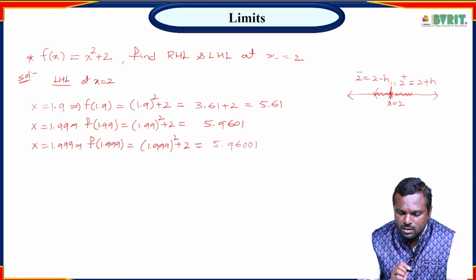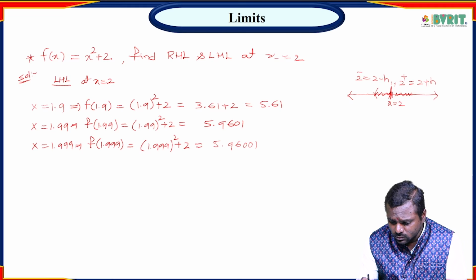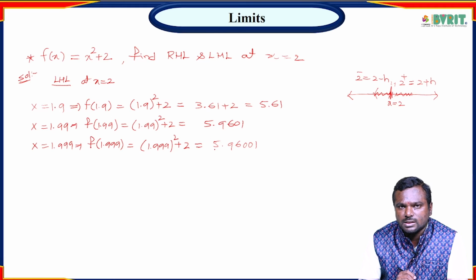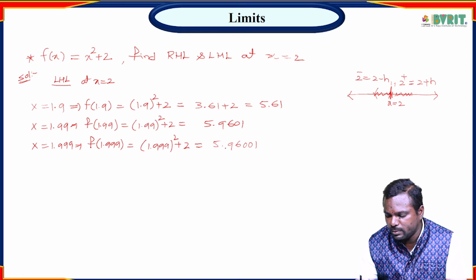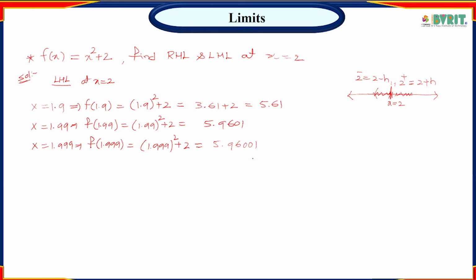Now observe here, the f of x value approaches 6. Finally, as x tends to 2 minus, under the left hand limit, f of x approaches 6. Okay, so the left hand limit at x is equal to 2 is equal to 6.